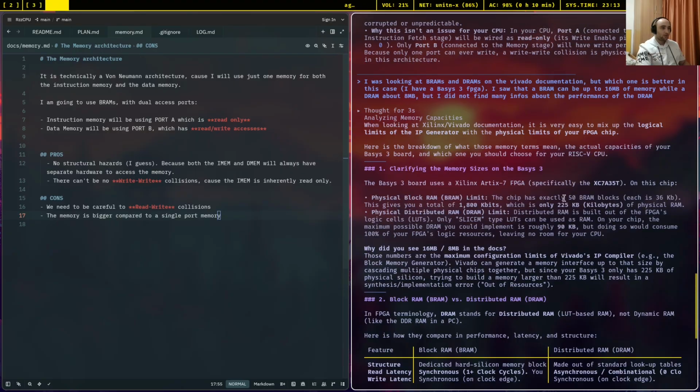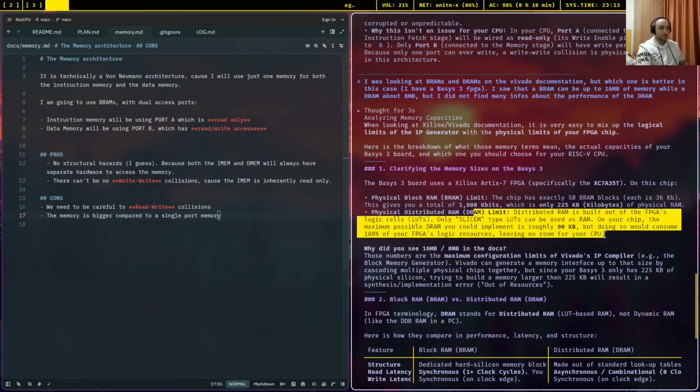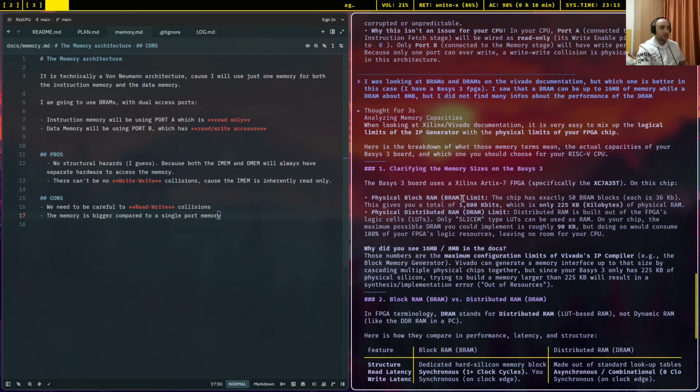50 VRAM blocks. Okay, no. So the thing is that the DRAMs are useful also for register development, for making registers, so it's not a really good idea to use them. But the VRAM is specifically designed to be a memory.